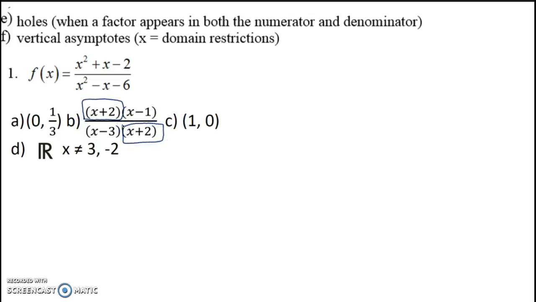So x plus 2 is where my hole would be. Set that equal to 0, subtract 2, and I have a hole at x equals -2. So that's E.